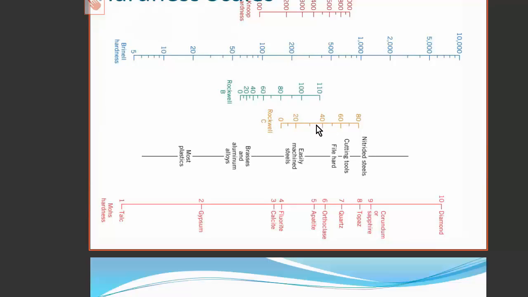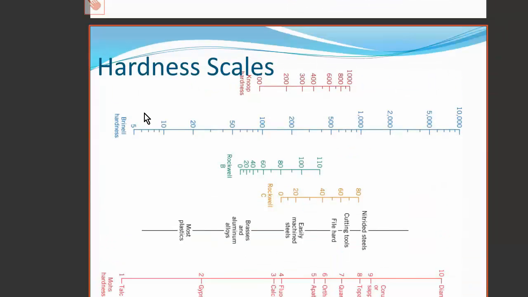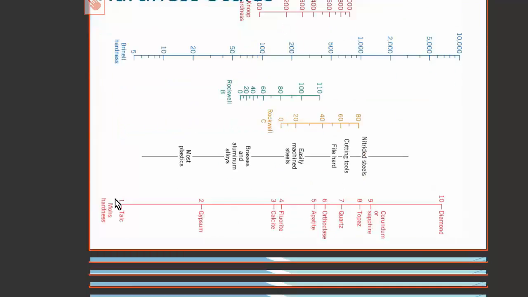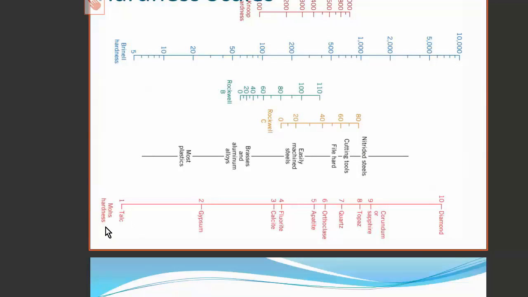The Rockwell C is done with the diamond Brale, and you can see it goes from 0 to 80, 80 being nitrided steels. So the Rockwell C is very good for looking at steels, for instance. But for softer materials, you may want to use Rockwell B or a Brinell hardness scale, which covers a wider range. There's also Knoop hardness and Mohs hardness, which is used in the study of rocks.